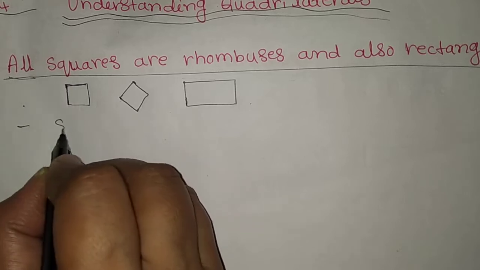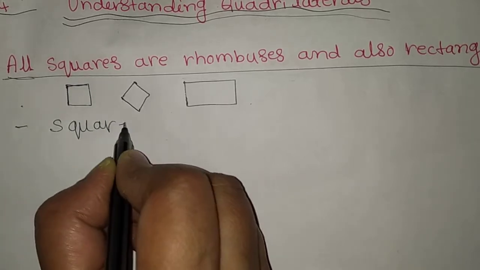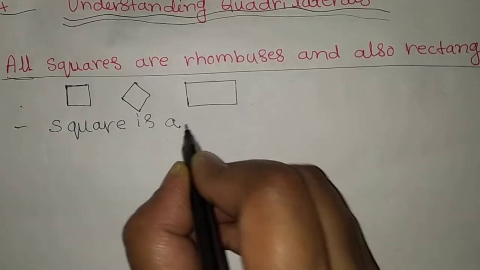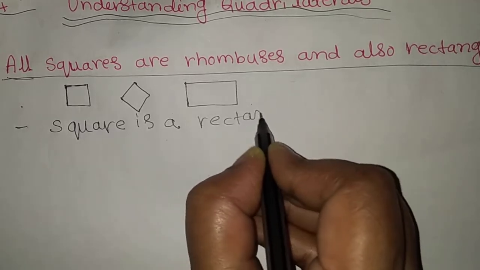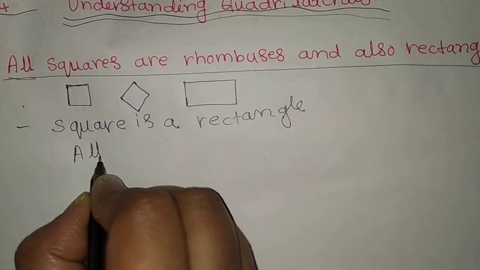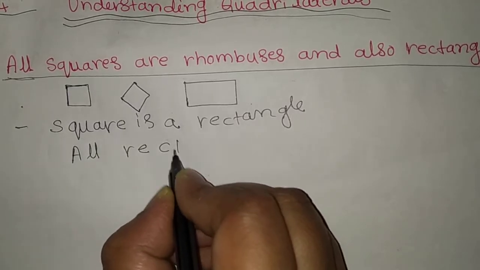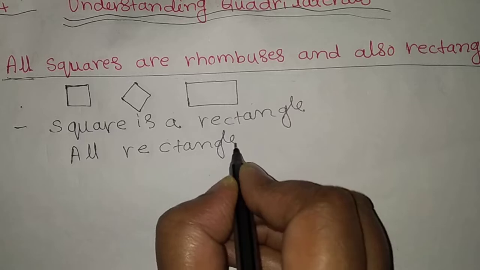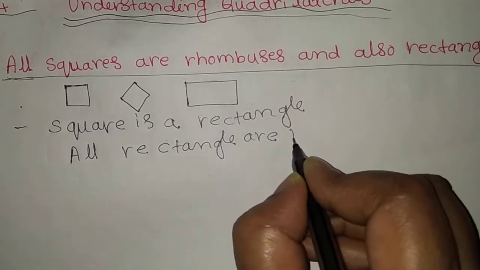Square, first point we write: a square is a rectangle, but rectangles are not square.